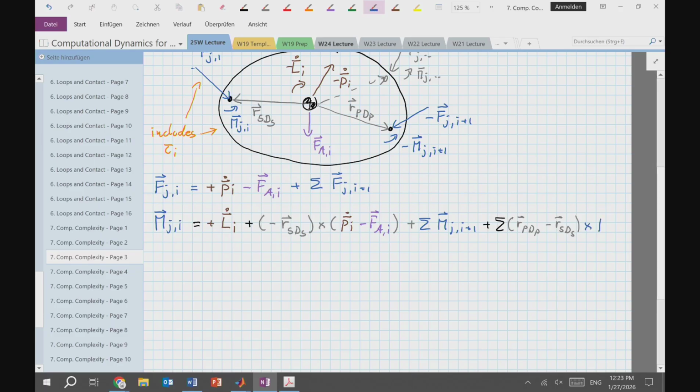And there we get a cross product with the fj I plus 1s. And again, there is a summation symbol in here which only goes into effect when we have more than one child joint here and here.